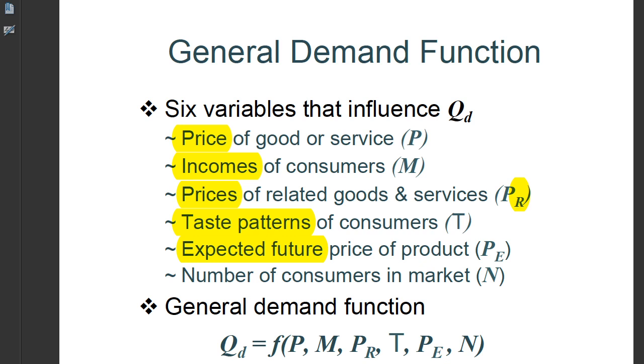Just to be clear about the prices of related goods: the related good depends on the relationship with the good. It could be a substitute good or it could be a complementary good, right?